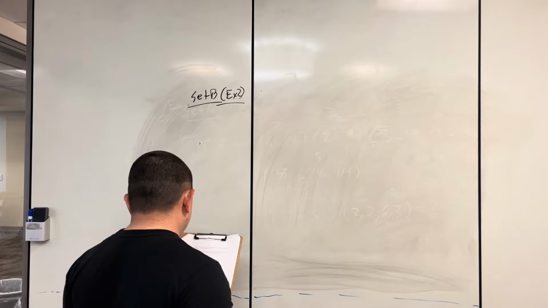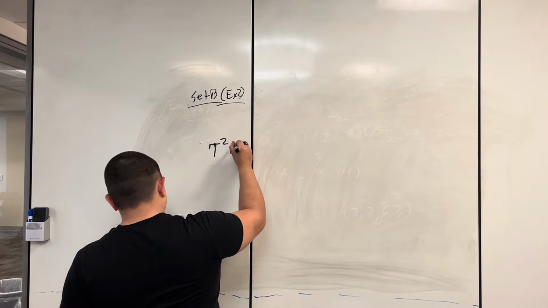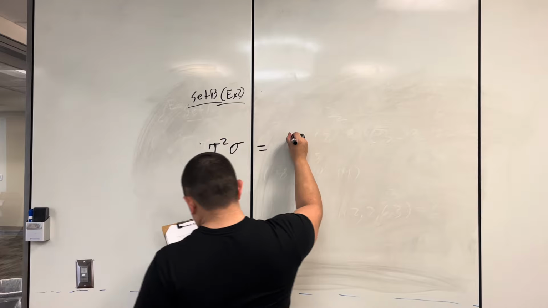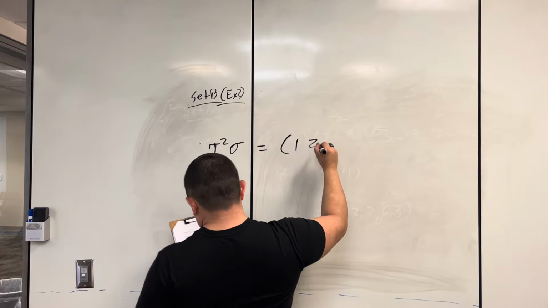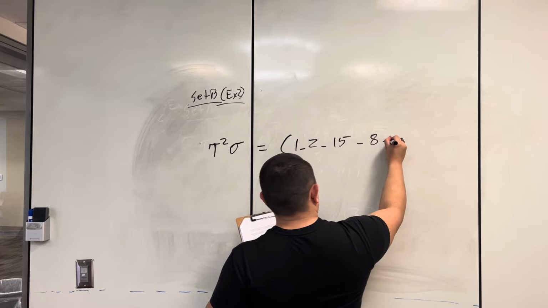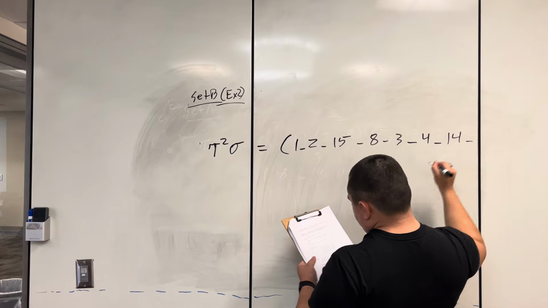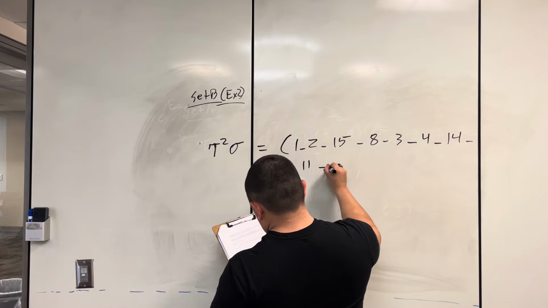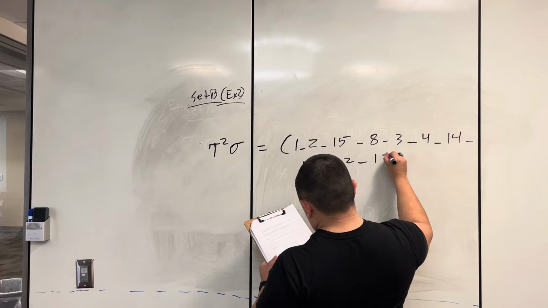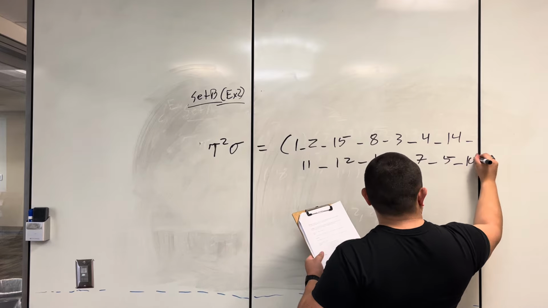So, tau squared sigma is equal to (1 2 15 8 3 4 14 11 12 13 7 5 10).